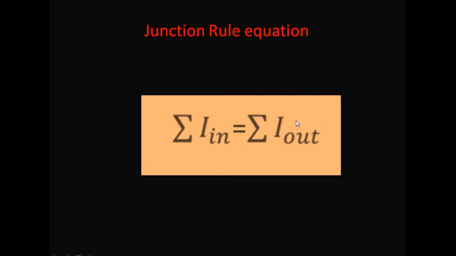I out means currents leaving the junction, or going out of the junction. So you can say that the sum of the currents going into the junction is equal to the sum of the currents going out of the junction. This is the meaning of this equation. So sigma I in is equal to sigma I out is a mathematical expression to describe the junction rule.